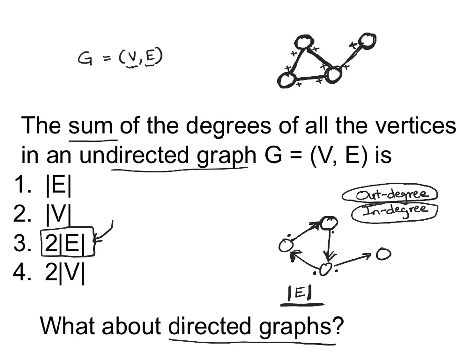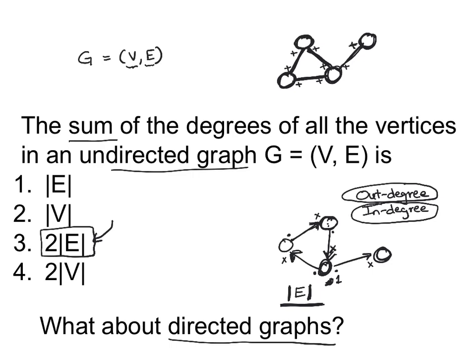So the in degree of this vertex is 1, the in degree of this vertex here is 1, the in degree of this vertex is, sorry, it's 1, because this is one edge that's coming into the vertex, and the in degree of this vertex is also a 1. So when we add up the in degrees here, we again get a value of 4, which is the number of edges.